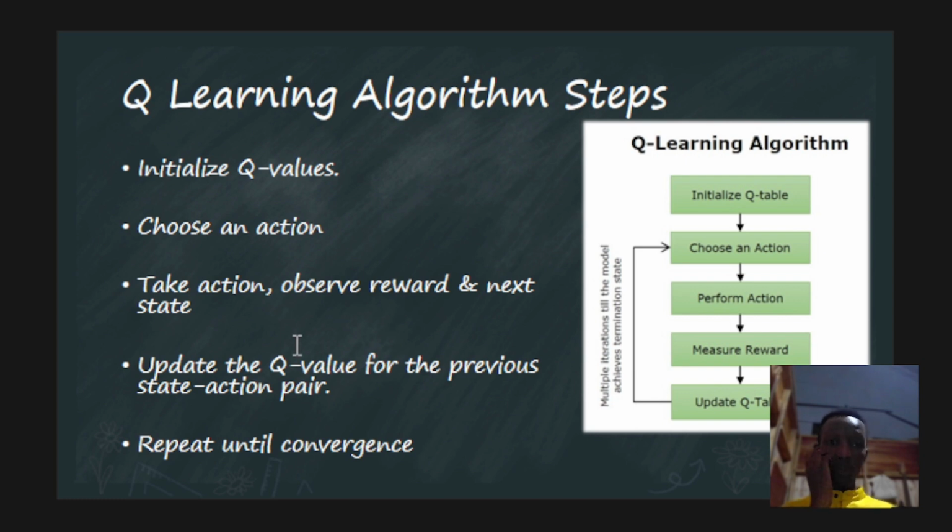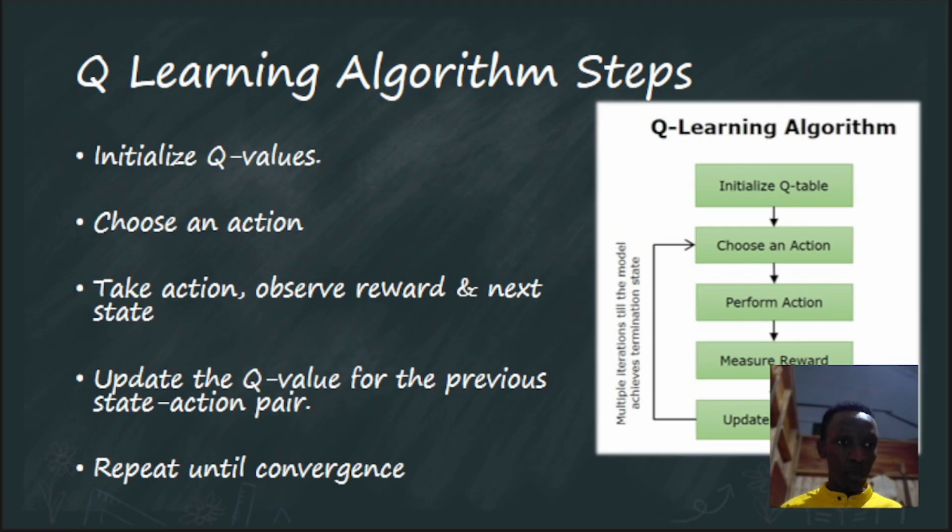Thereafter, it updates the Q value in the Q table for the previous state-action pair. Then it repeats until there is convergence, or until the model achieves the state it wants to achieve. This makes it a good starting point for beginners in RL, and for problems with small state-action spaces.